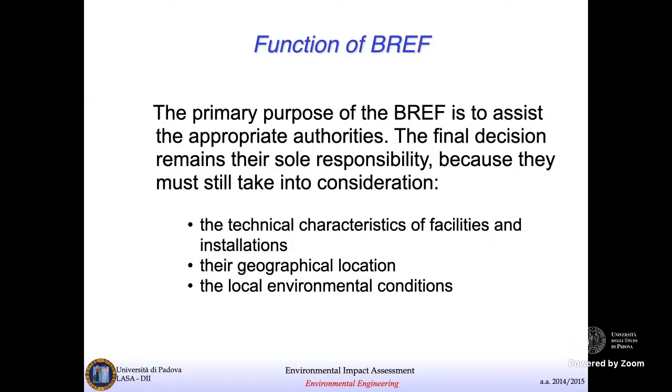What is the function of these documents? The primary purpose of the BREF documents is to assist the competent authorities. The final decision remains their sole responsibility because they must still take into consideration the technical characteristics of the facilities and of the installations, their geographical location, and the local environmental conditions.